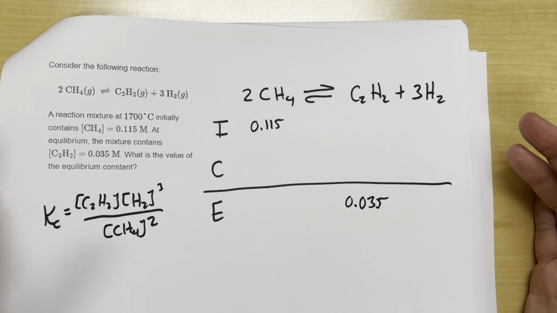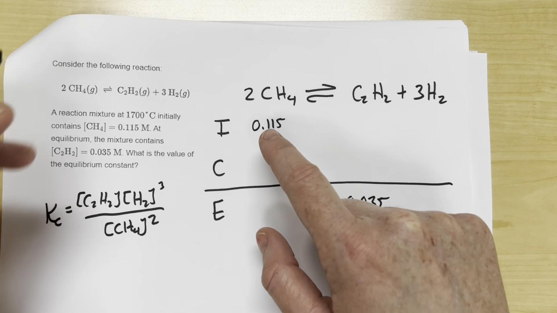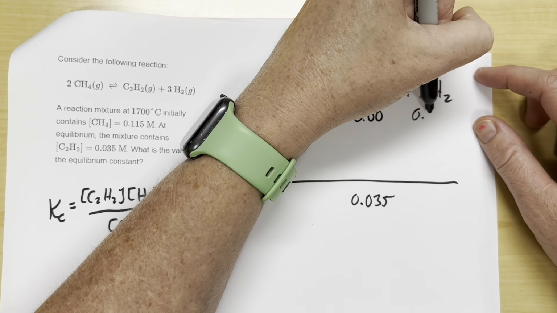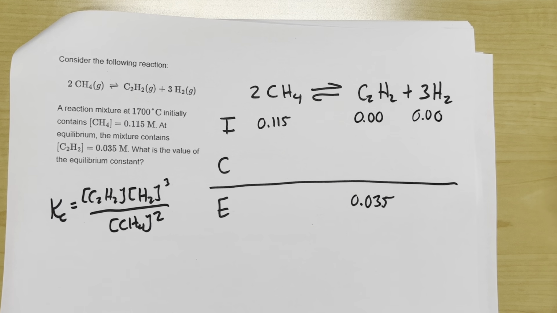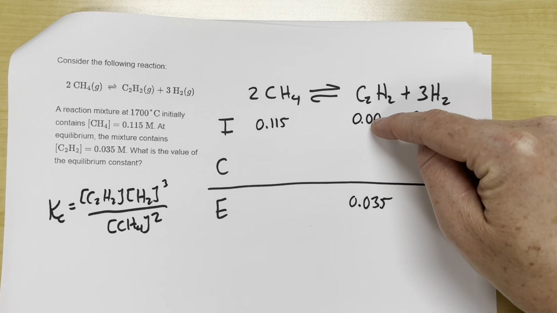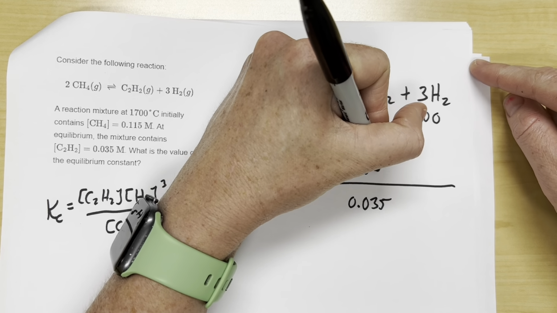That's all the information we have, but that's actually all the information we need. Because we know it initially contained only this, that means that this had to have been 0, and this had to have been 0. If it doesn't give us the information and tell us what we initially had, or ask for what we initially had, it means there was nothing initially there. All right, so in order to go from here to here, our change had to have been plus 0.035.